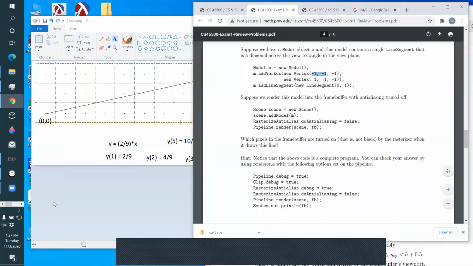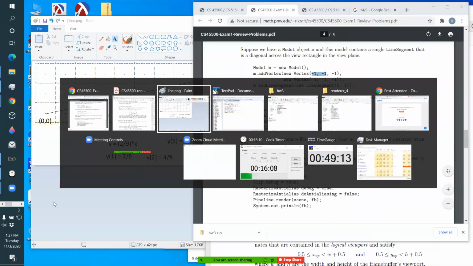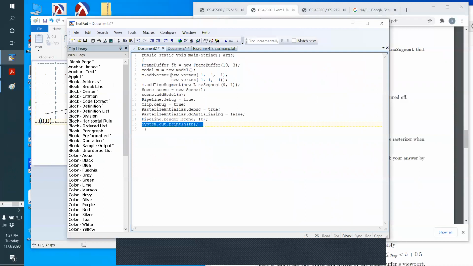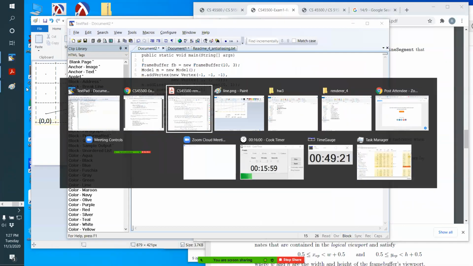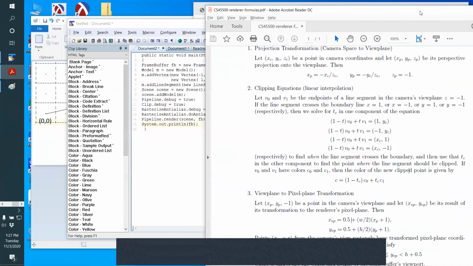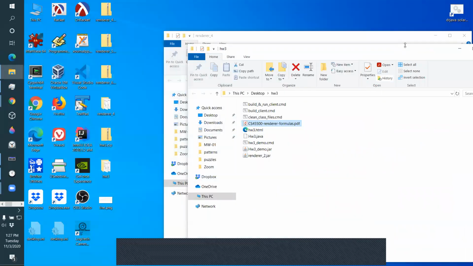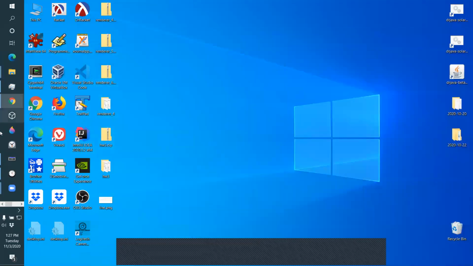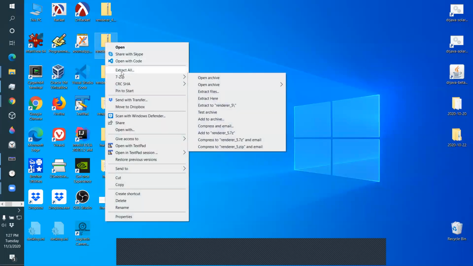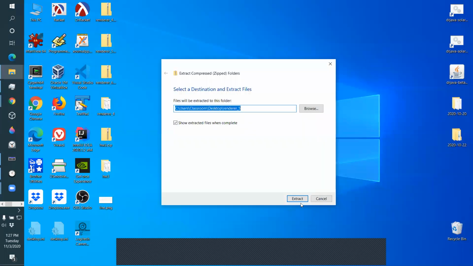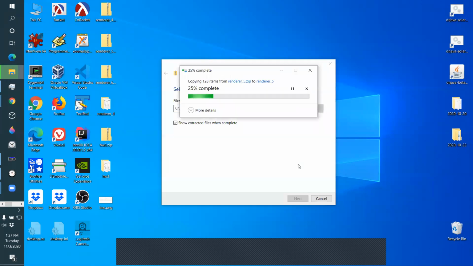Let me build the Javadoc and look at the picture. I can answer that by opening the Javadoc and looking at the document that describes the renderer. Okay, I think I figured it out. Yeah, you're right. I actually glossed over that.